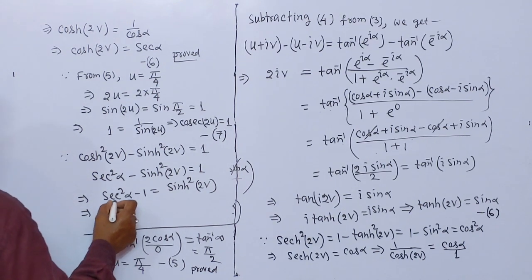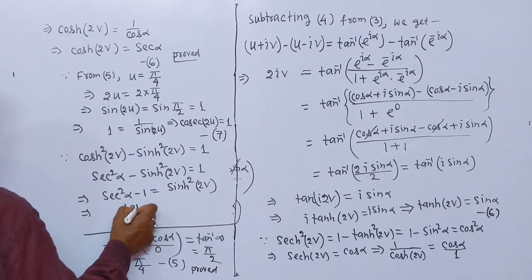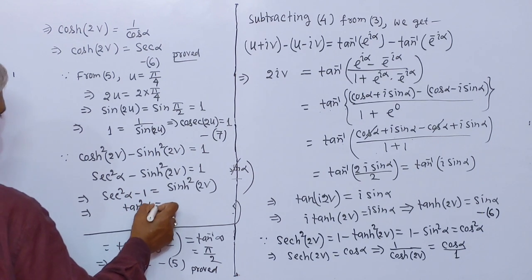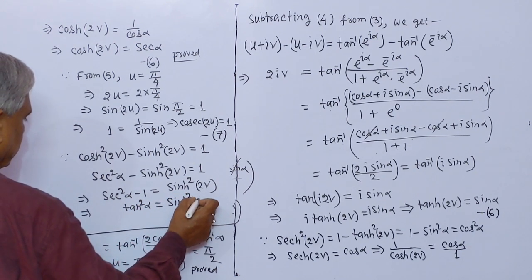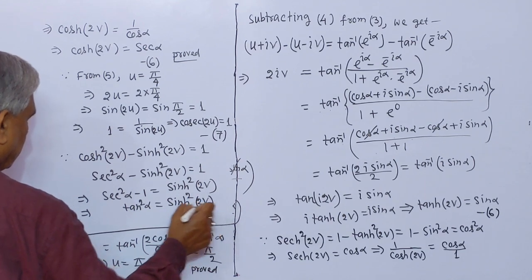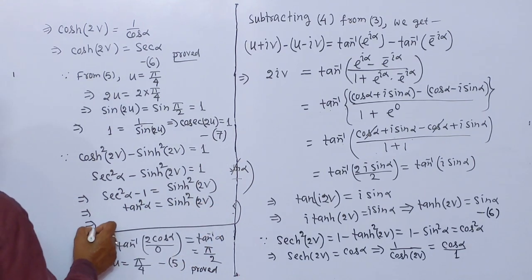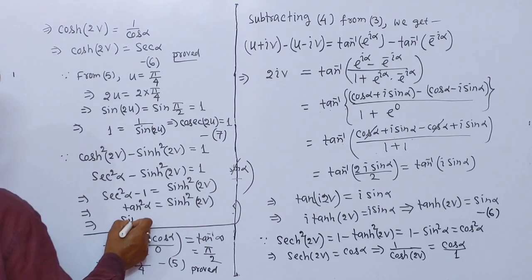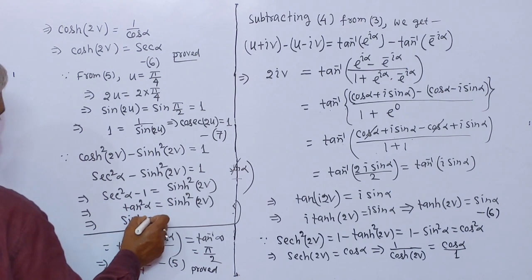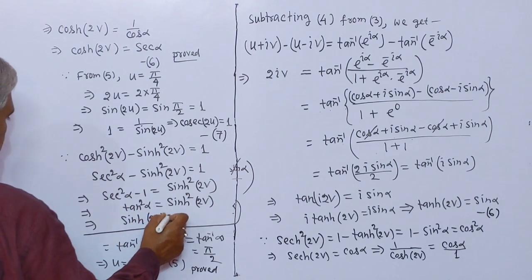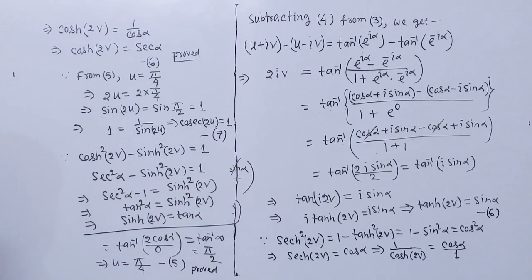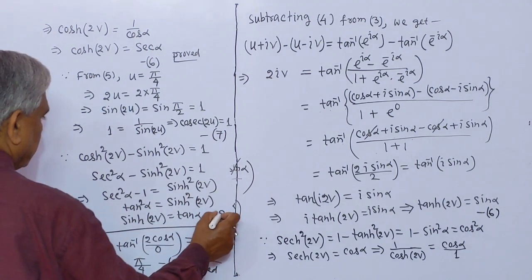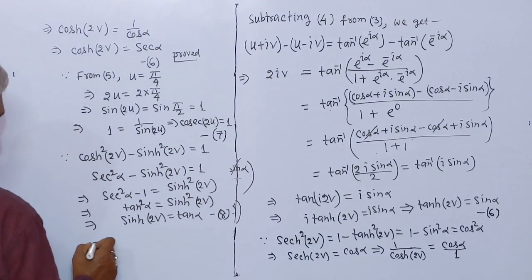This is tan square alpha equal to sin hyperbolic square 2v, implies that sin hyperbolic 2v equal to tan alpha. This is number 8.